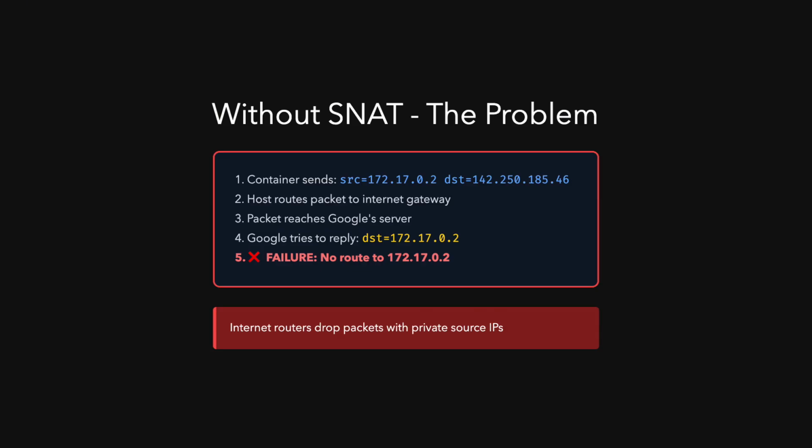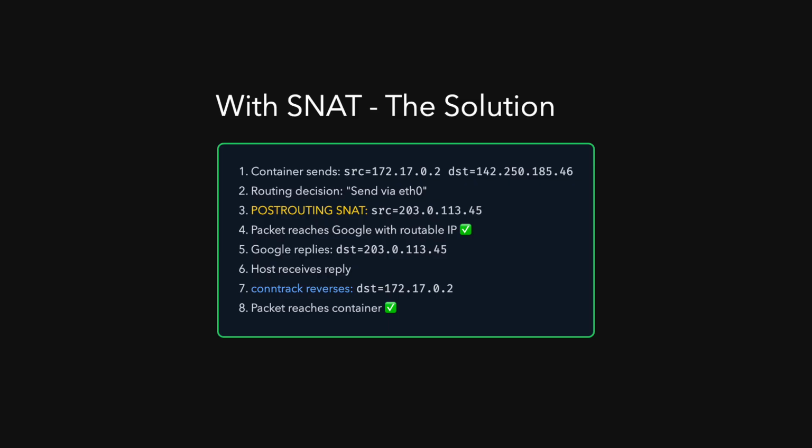on the public internet. With SNAT in post-routing, for example, a container sends a packet to google.com, then this packet hits post-routing SNAT and it changes the source to the host public IP. Then the packet reaches the Google server with a routable source IP, Google replies to our host public IP, and this works.